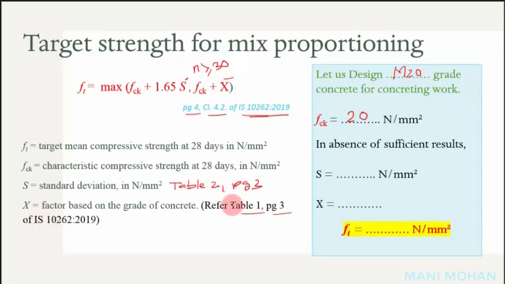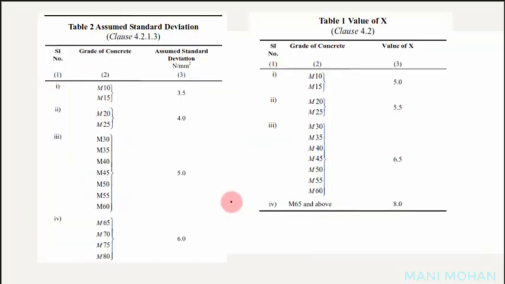So let us see what should be the value of S and X based on code. First is standard deviation. You select what grade of concrete you are designing. We are designing M20 grade concrete, so the value of standard deviation is 4. What should be the value of X? Check the grade of concrete. It is M20 grade concrete, so the value of X is 5.5.